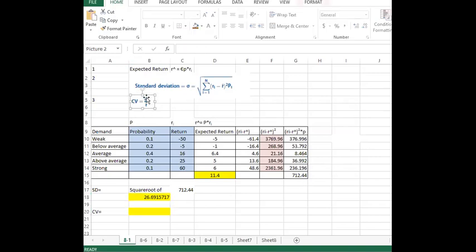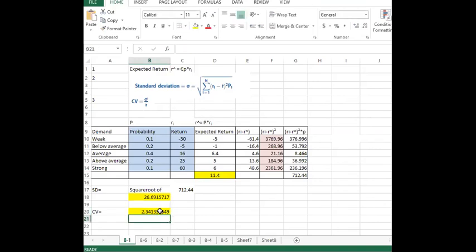This is the formula of coefficient of variation. The standard deviation should be divided by expected rate of return. So here we have 26.6915 standard deviation divided by expected return. Expected return is 11.4%.